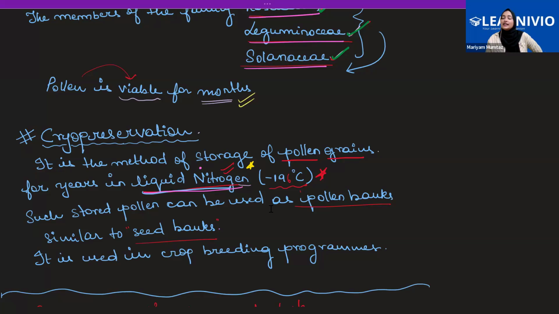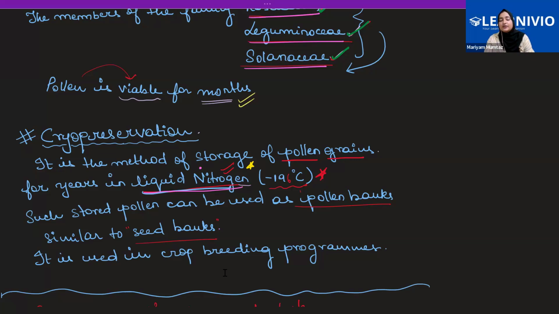Just like seeds are available throughout the year, pollen grains are also available because you're preserving and storing them. This storage of pollen grains is used as a pollen bank, wherein you have different kinds of pollen grains present.